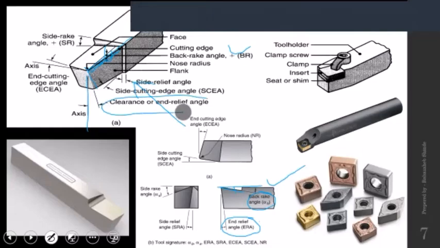End relief angle or clearance angle is represented over here. So in those three views, you will get two individual inclinations each.